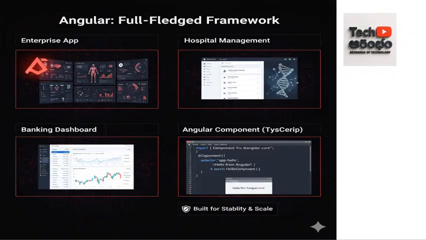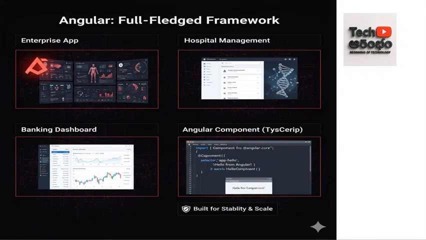First, let's talk about Angular. Angular is a framework built mainly with TypeScript. It gives you a strict, organized structure right from the beginning. Angular is the proven choice for large-scale enterprise applications. Look at these examples: a complex hospital management system, a detailed banking dashboard, or any large corporate project.